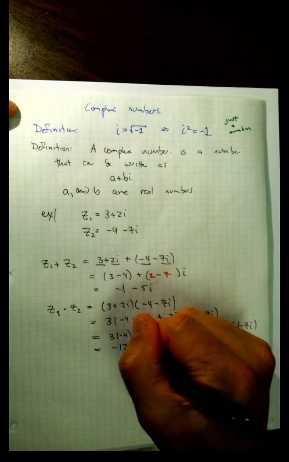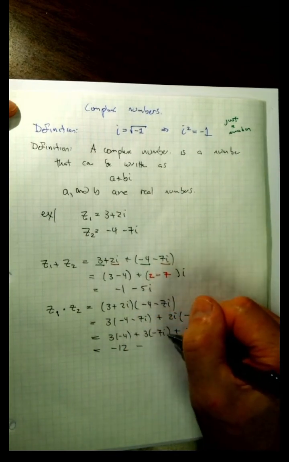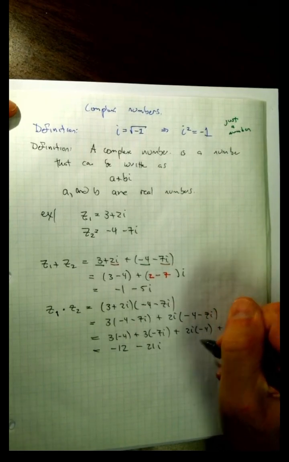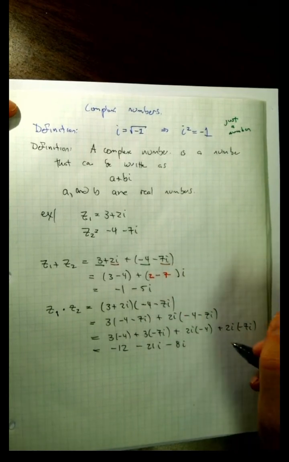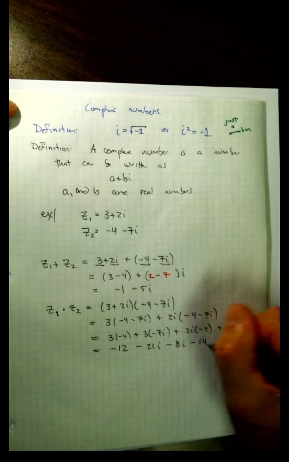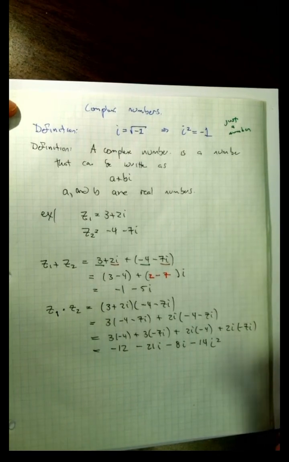So it becomes minus 12. 3 times minus 7 is minus 21. 2 times minus 4 is minus 8i. And now I've got to be a little careful here. 2 times minus 7 is minus 14. But then I've got an i squared, or i times i.